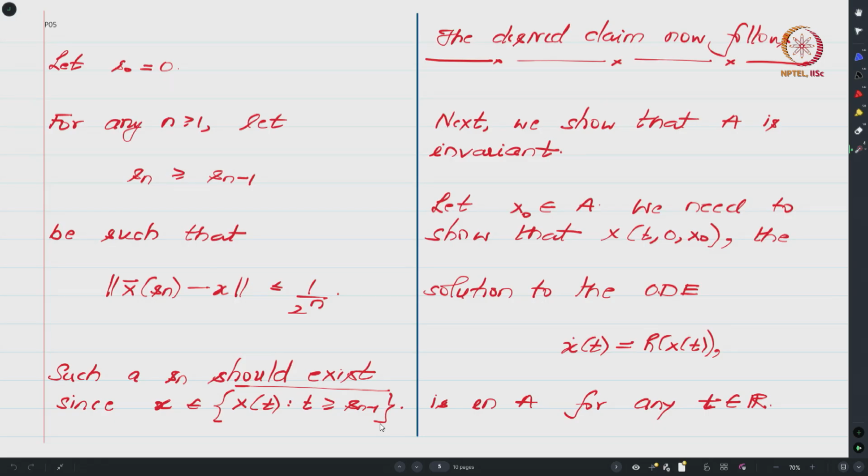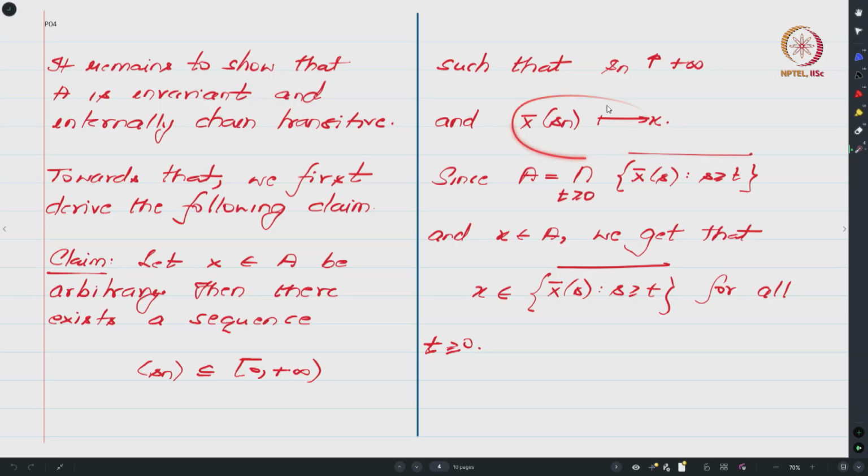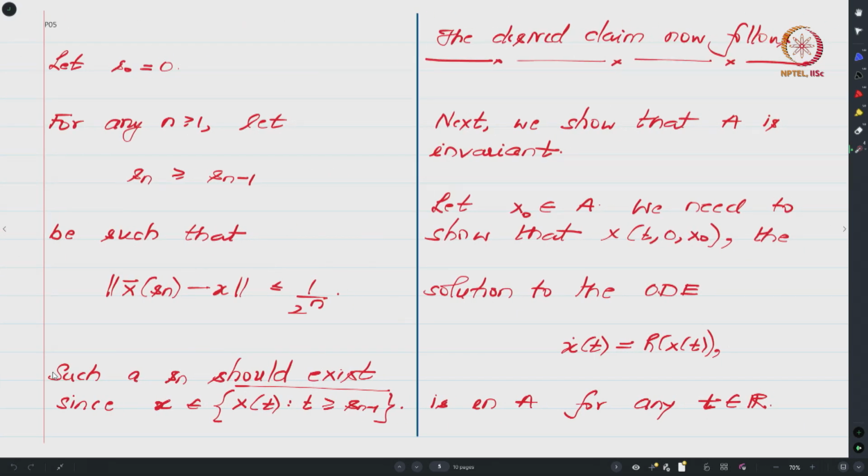Since for every n we can find a point just 1 over 2 raised to n away, and this expression goes to 0 as n tends to infinity, one can conclude that x bar of Sn indeed converges to x, and this is what we needed to show. This completes the proof of this claim.